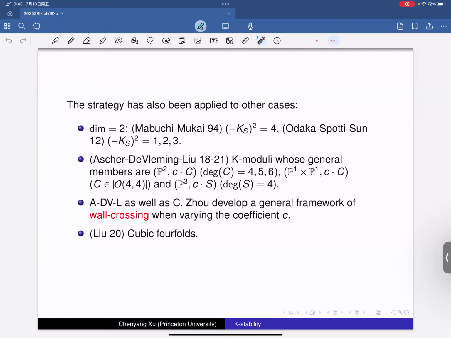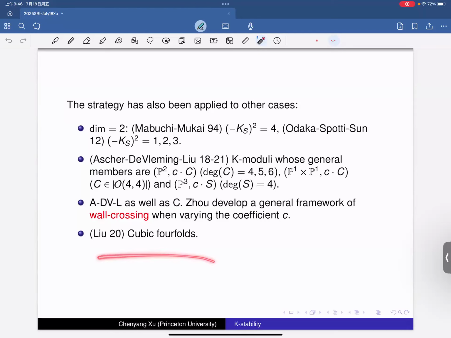Particularly they work out the case of P2 with a curve, P1 times P1 with a curve, and P3 with a degree 4 surface. Along the way, they developed a general framework of wall crossing when you change the coefficients. Now many people are working along this strategy.